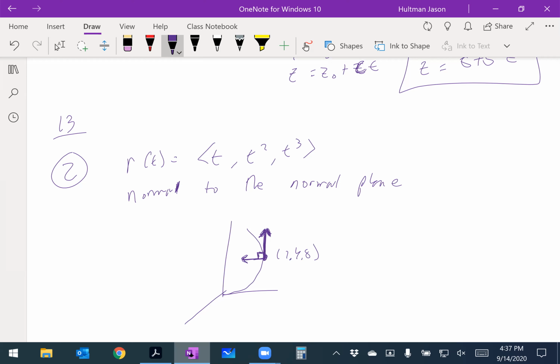But this is the plane that I'm interested in. This is the normal plane, right? Wouldn't the normal line be part of the normal plane? And so wouldn't the vector that's normal to that normal plane be the original tangent? Does that make sense?